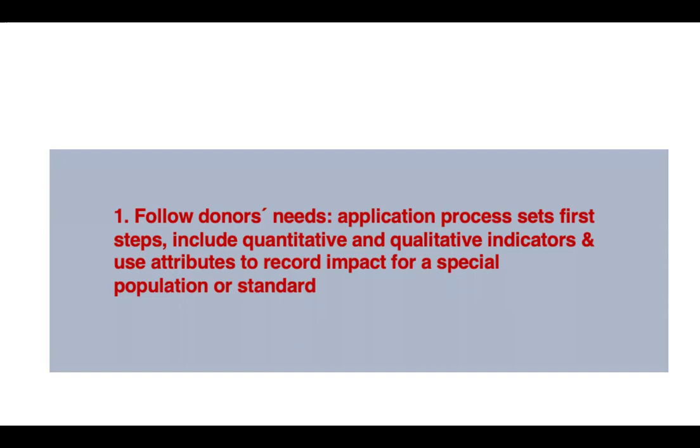Also include quantitative indicators, of course. So if you're helping teenagers graduate from high school, well, how many of those? What level of education did they have before, etc. So those are the quantitative indicators that you should look at, and you should propose in your proposal for your grant.